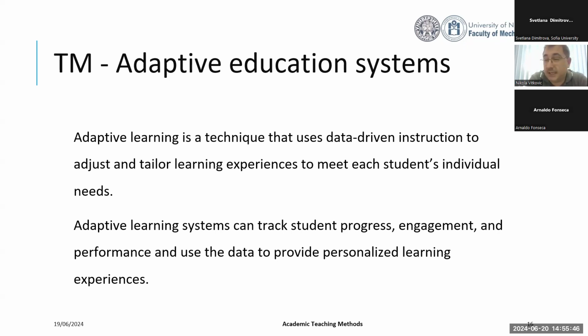These systems are usually applied through some kind of platform. For example, you can use Moodle as a platform, or online learning platforms like Udemy or Coursera. They are now trying to create courses that are adaptive to learning preferences, not just usual courses.